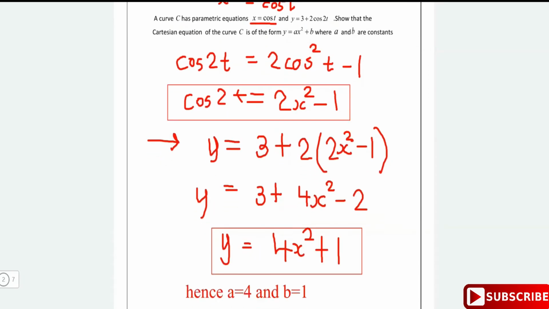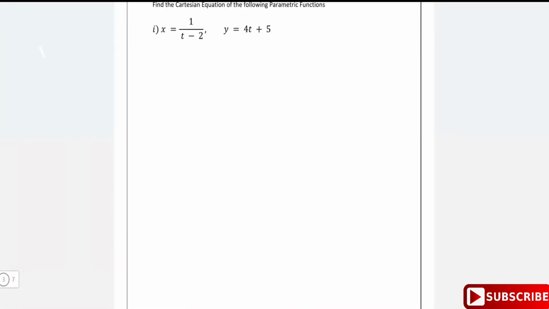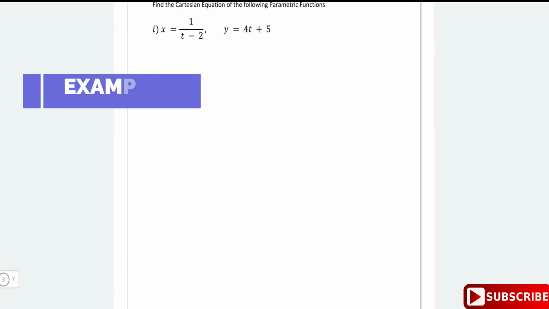Easy question. Let's look at another one now. This one says: find the Cartesian equation of the following parametric equation, x equals 1 over t minus 2, y equals 4t plus 5.